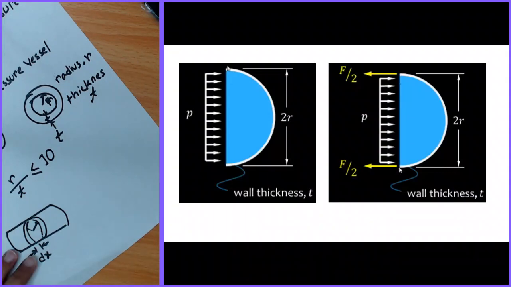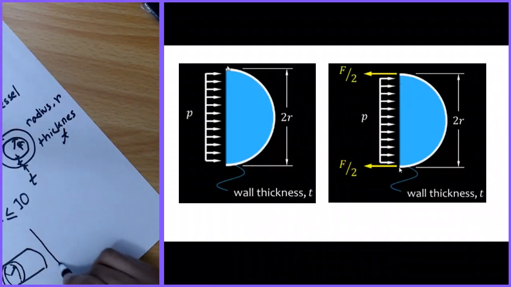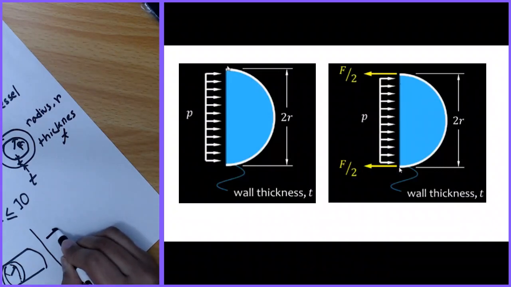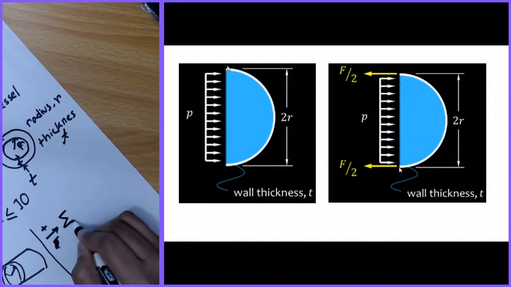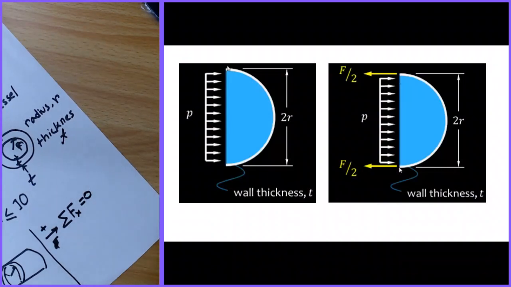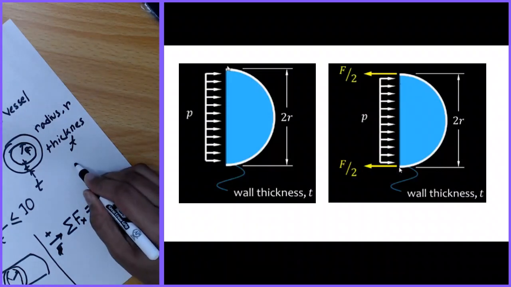Now if I draw a force balance in the x direction, equal to 0, let me draw this here.